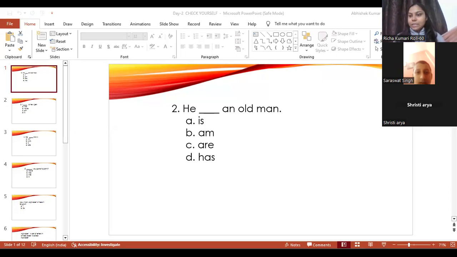Okay. So Srishti, is everything visible to you? Yes, ma'am. Okay. So what's written there on the screen? He dash an old man. Is it so? Yes, ma'am.